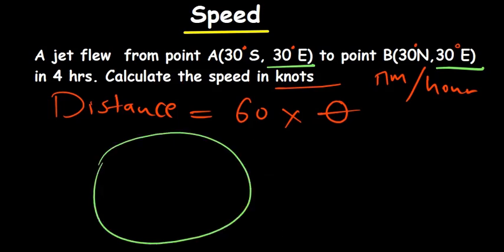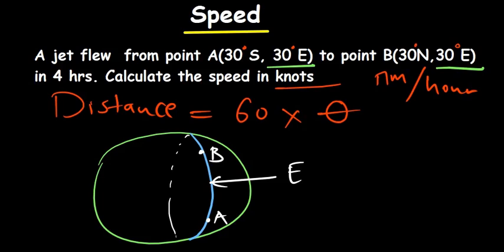So let's draw the Earth. If we are to show where the 30 degrees east is, maybe somewhere there. So this is on the east. One is 30 degrees south, so somewhere there. That is point A. The other one is point B, 30 degrees north.